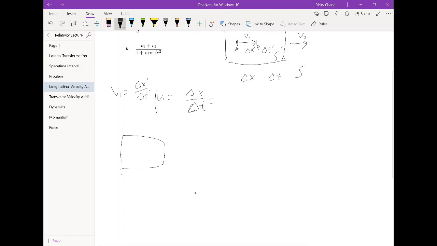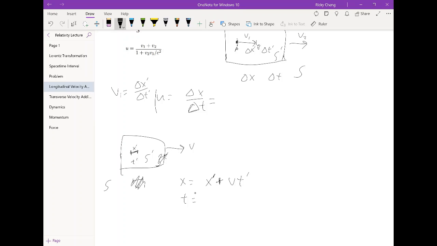If we have the frame S prime moving with a velocity of V relative to a frame S, and a distance X prime is measured in S prime, then if we transform this distance X prime into the coordinate frame of S, X is equal to X prime plus V times T prime.